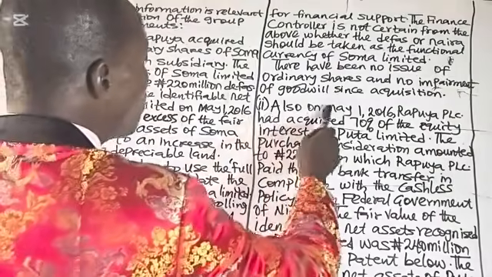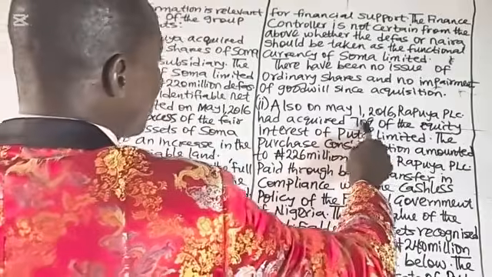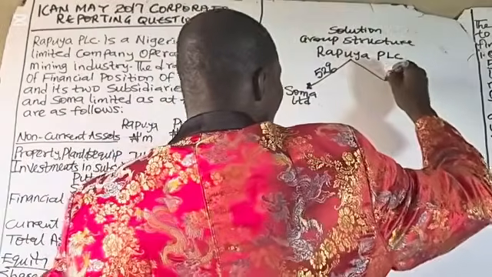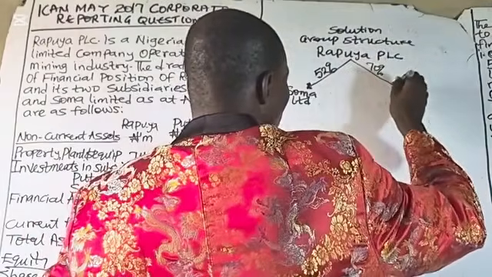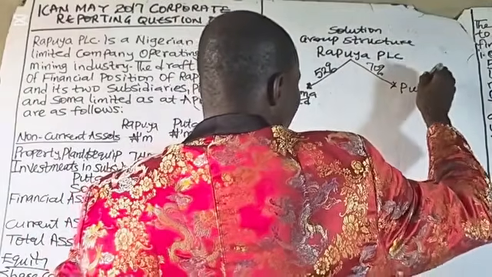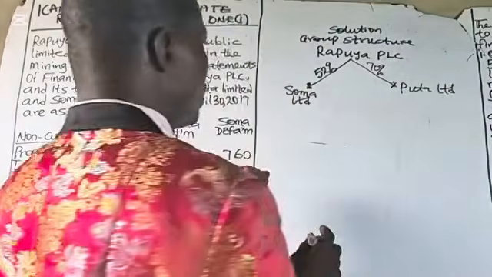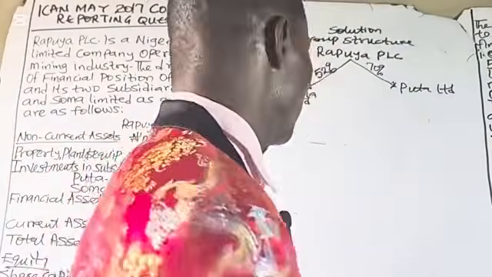Note 2. Also on May 1st, 2016, Rapuya PLC had acquired 70% of the equity interest of Puta Limited. Rapuya also acquired 70% of Puta Limited. So, this relationship is a fellow subsidiary.